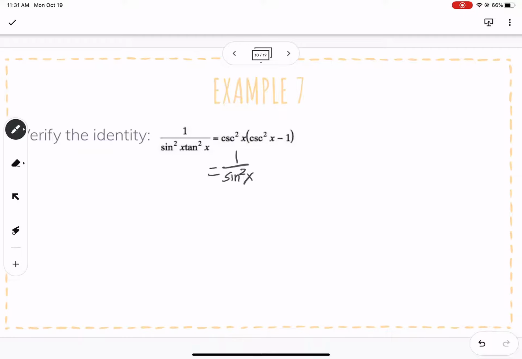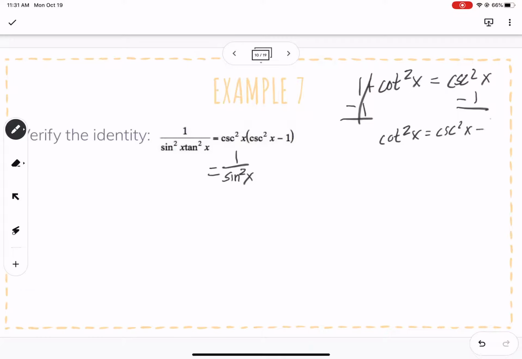The Pythagorean identity that has a 1 and a cosecant is the last one: 1 plus cotangent squared equals cosecant squared. I need it to say cosecant squared minus 1, so I'm just going to subtract 1 and move it around. Now I have cotangent squared equals cosecant squared minus 1.